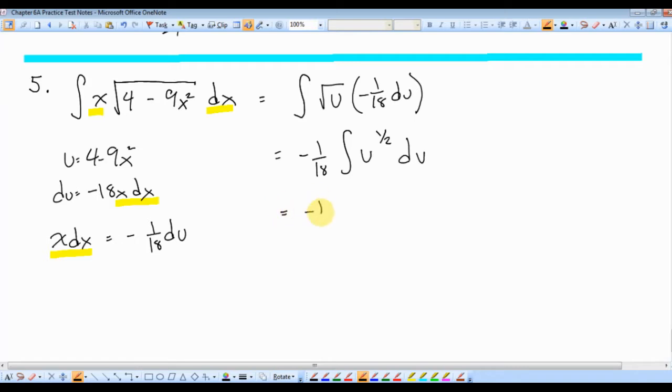That's negative 1/18 times 2/3 u to the 3/2 power plus constant. This right here is the general power rule. That's where the general power rule happened. You were using it, you didn't even know it.